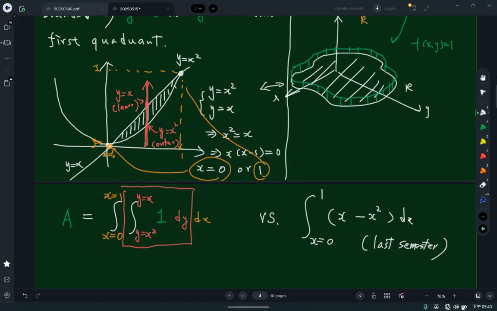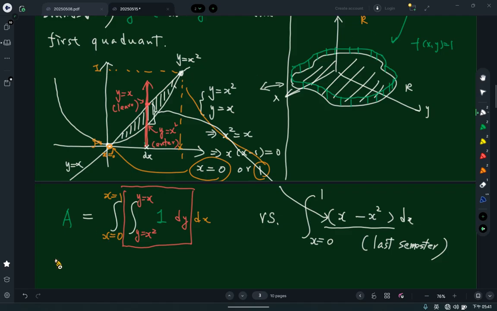So let me show you. This is trying to calculate the difference, then times small dx. Right? dx is here. This gap times small dx, this gap small dx. Then collect them together by using the Riemann sum. Right?